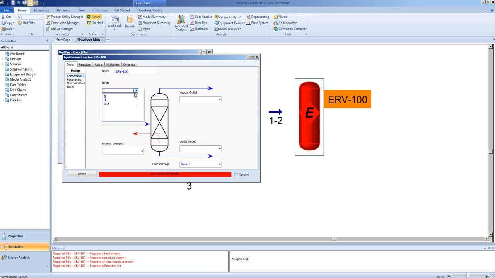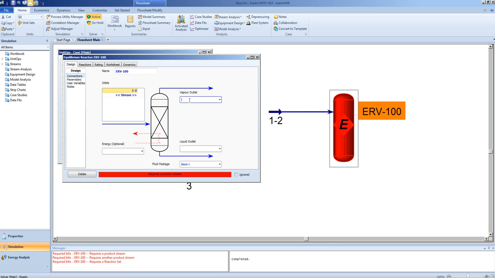So entering will be stream 1-2, 2-2 vapor, 3-2 liquid.